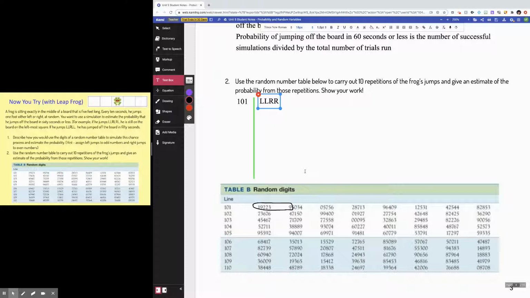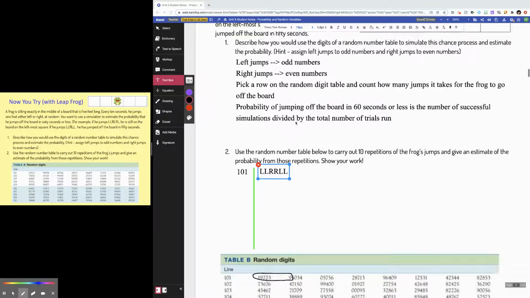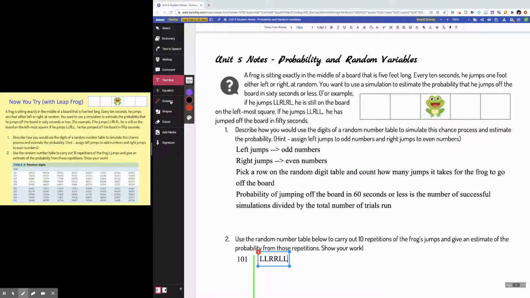Right, right, left, left. If we look up at him here, he went left, left, right, right, left, left.